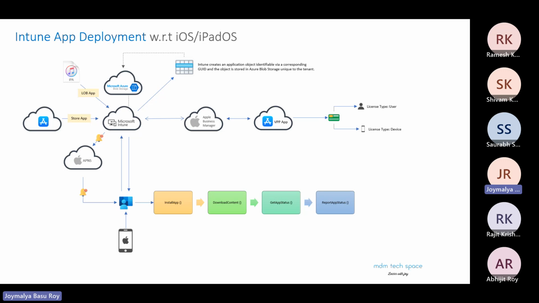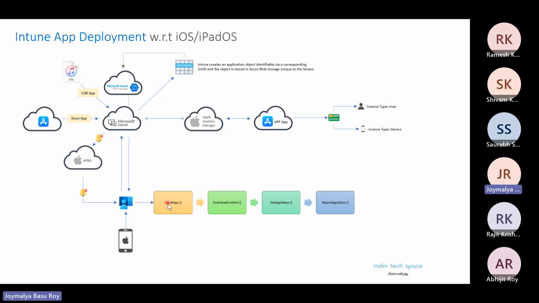The first is the install app phase, when it is actually calling the link. Intune is not sending the actual application to Company Portal; it is only sending the download link.